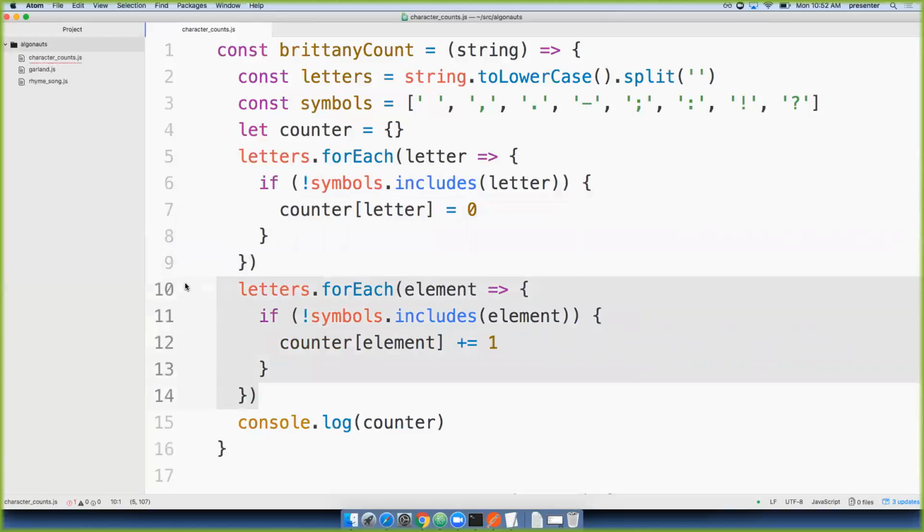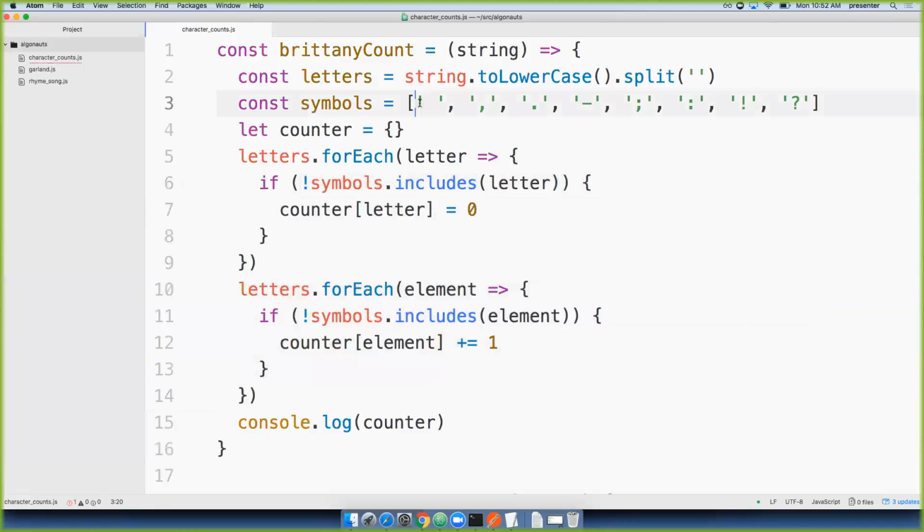What about this? I said that if you're looking for something in an array, that's O of n. But that has to look over the whole array. Here it looks over the symbols.